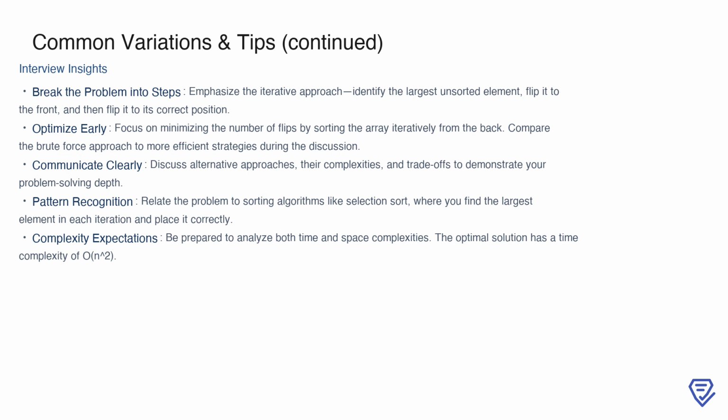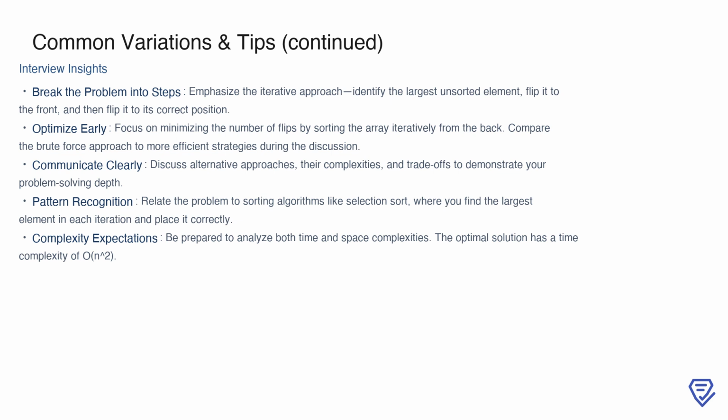Sorting the array iteratively from the back reduces redundancy and improves efficiency. During discussions, compare the brute force approach with more efficient strategies to demonstrate your understanding of trade-offs. Effective communication is key. Explain alternative approaches, their time and space complexities, and the reasoning behind your choices. This shows depth in your problem-solving skills.